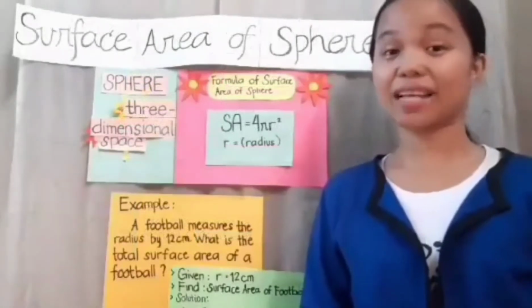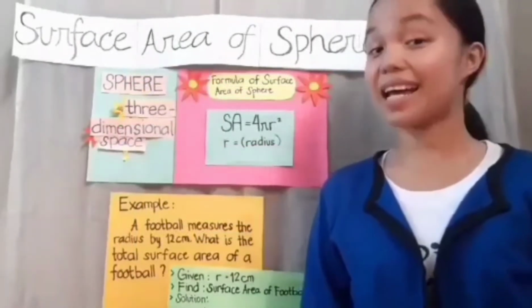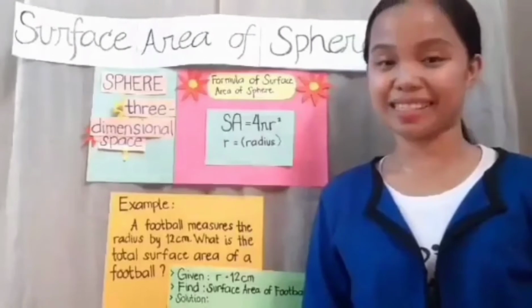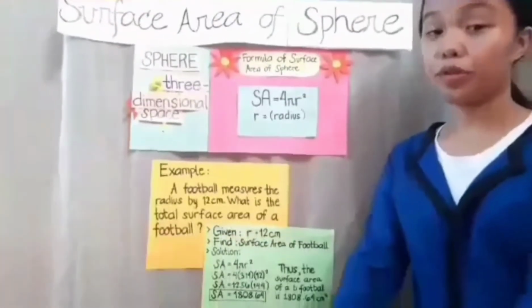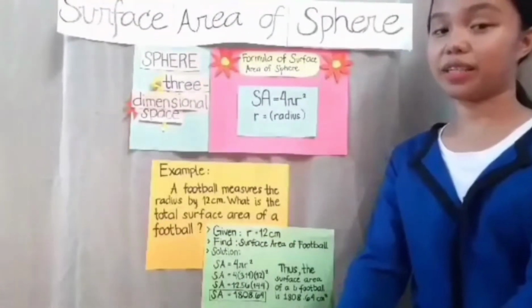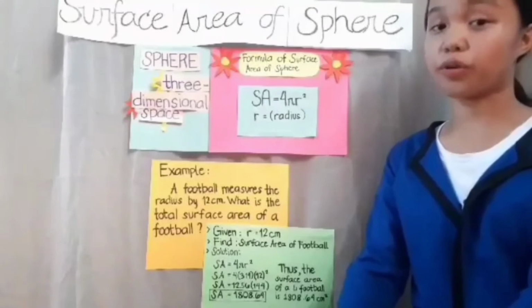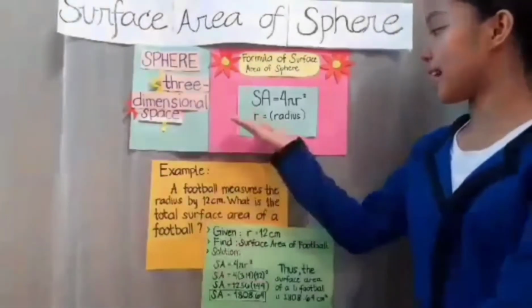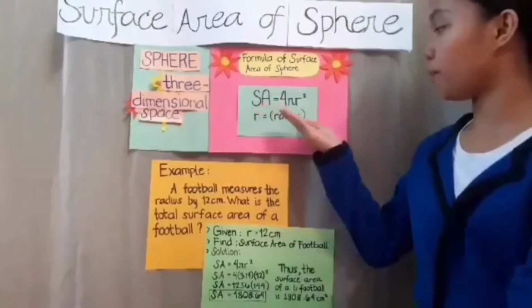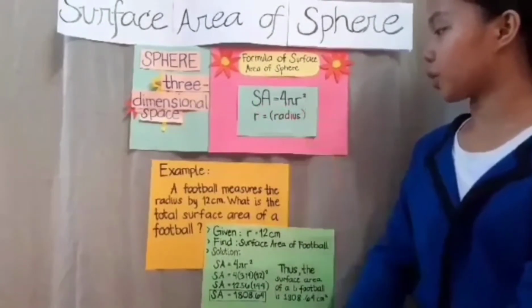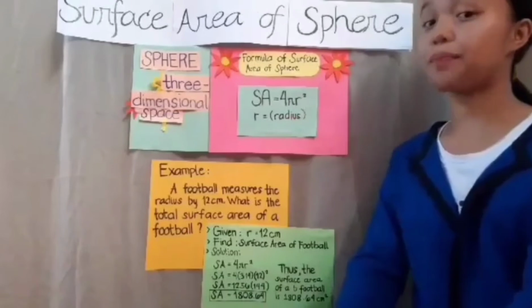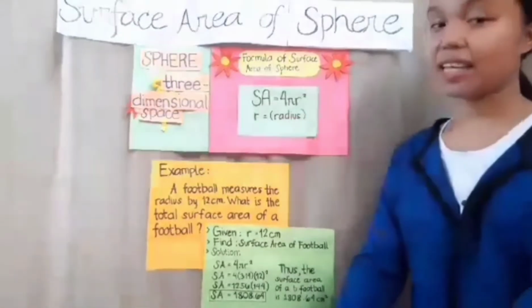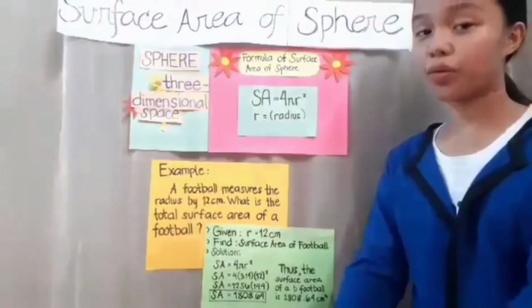Also, a sphere has a curved surface and has no edges and vertices. To find the surface area of a sphere, let us first know the formula: SA equals 4 pi r squared, where 4 and pi are constants and r stands for radius.